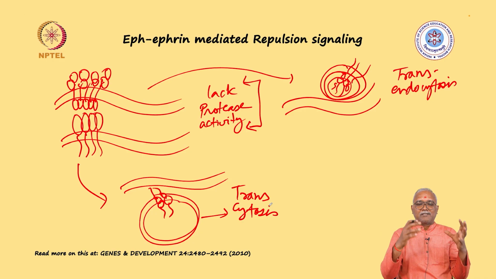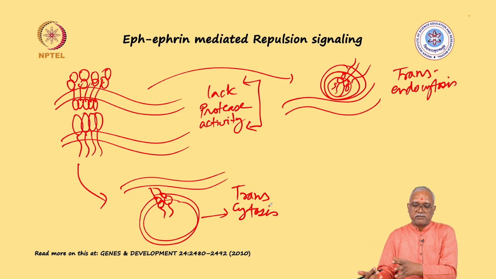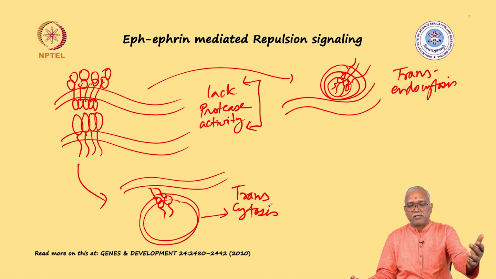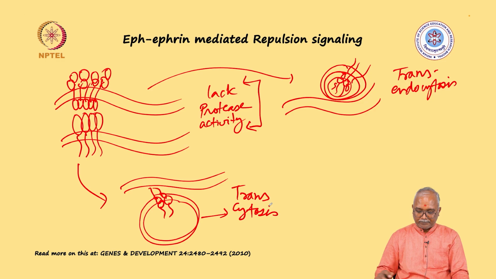So, the entire cluster of the receptor is taken back into one of these cells, and thus it will culminate the signaling, because the productive engagement is not possible at the cell surface, because ligand and receptor both have been taken into one of these two signaling cells. The removal of the receptor in general is one of the regulatory ways to ensure that signaling is culminating after it has been activated at the cell surface.